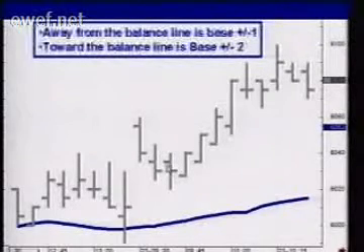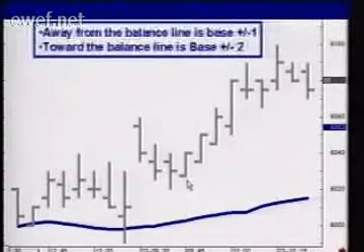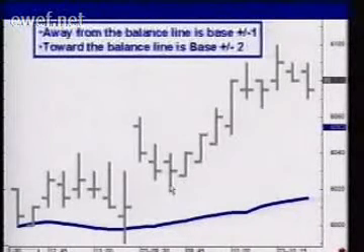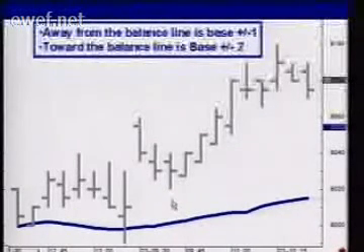If we're going toward the balance line, in this area here we would be selling, then we would need base minus 2. So this would be our base bar, this would be our 1, and this would be our second bar, so we would have a sell down here. Now, realize that the balance line is here, and we would be selling into the alligator's mouth.